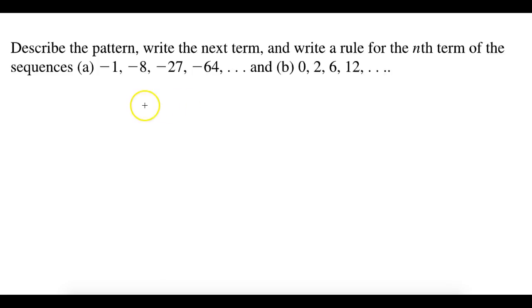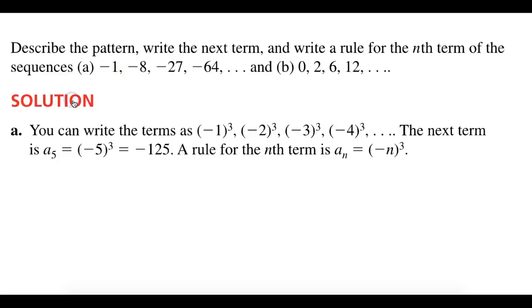However, we also notice this negative sign in here, so we have to pay attention to that. How do we get this negative? If we have negative n cubed each time, that's going to leave us this negative. So as far as describing the pattern, we can write the terms as -1 cubed, -2 cubed, -3 cubed, -4 cubed.